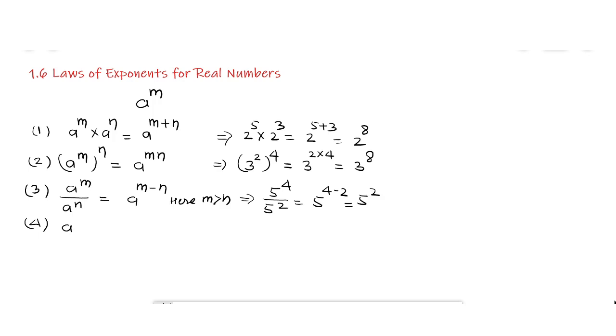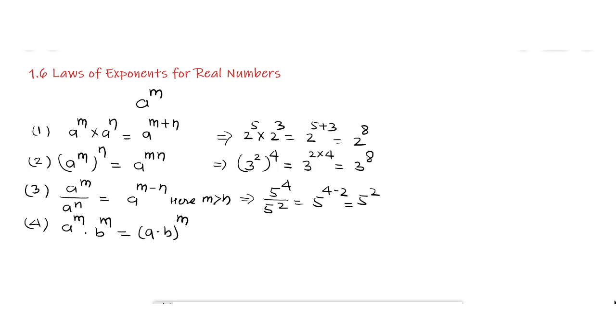Law 4: a to the power m into b to the power m equals a into b whole to the power m. Here bases are different, but their exponential powers are the same. Therefore, a to the power m into b to the power m.